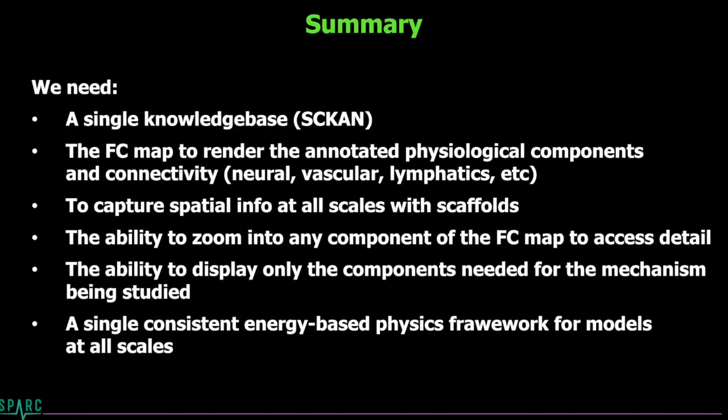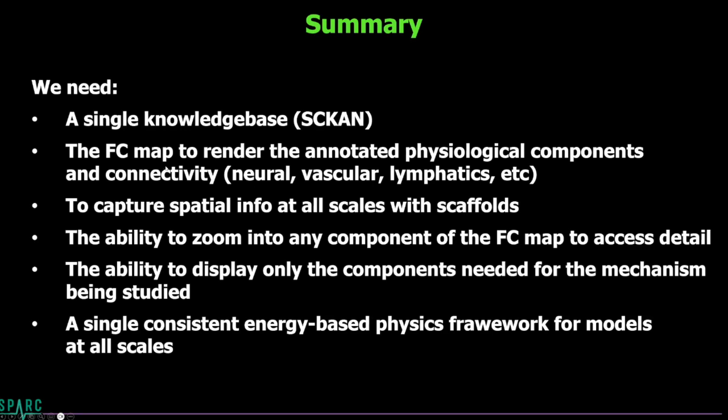So in summary, what we're wanting to be able to do is to use a single knowledge base, SCKAN, as Maryann has described, use the FC map to render annotated physiological components and connectivity. And that connectivity could be neural, could be vascular, could be lymphatics, etc. And then we want to be able to capture spatial information where it's relevant at all scales with the scaffolds.